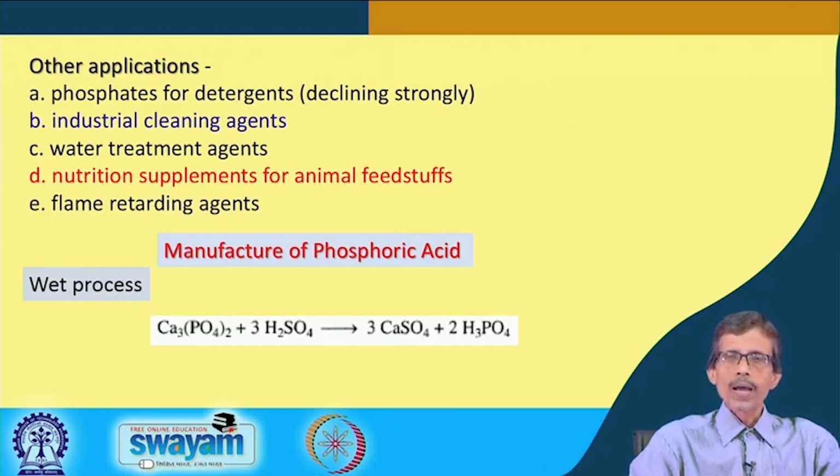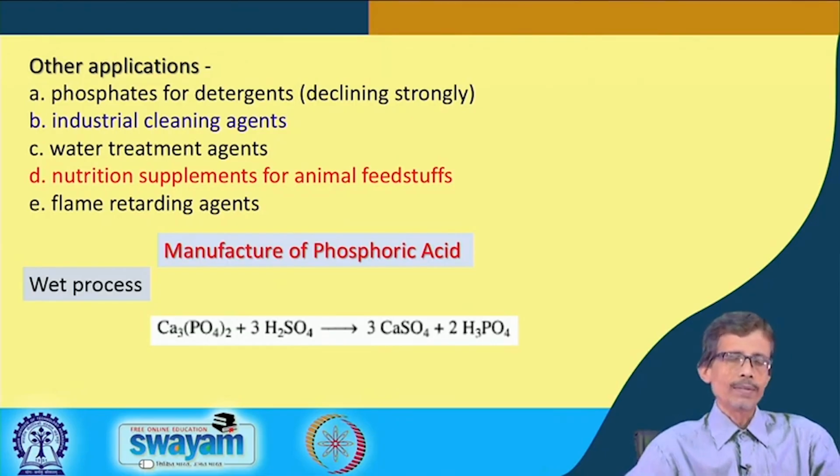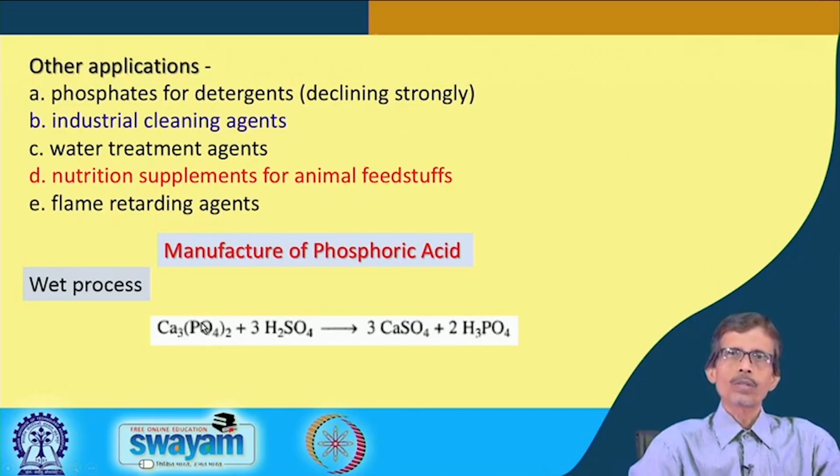So we are supplying protons from the sulfuric acid, and we are trying to protonate these particular phosphate groups or the hydroxide groups.